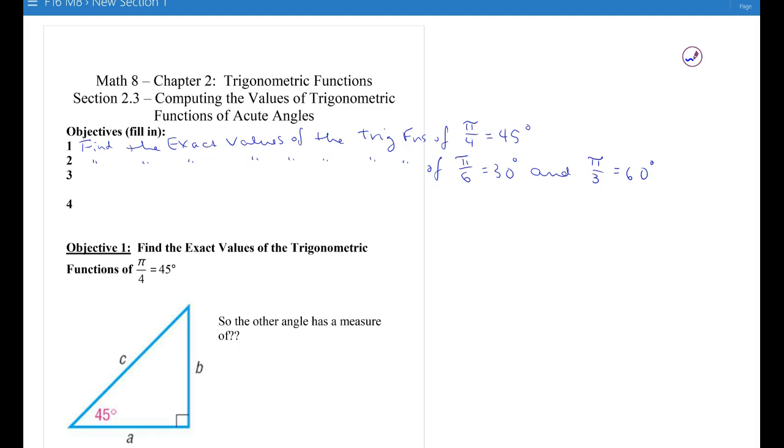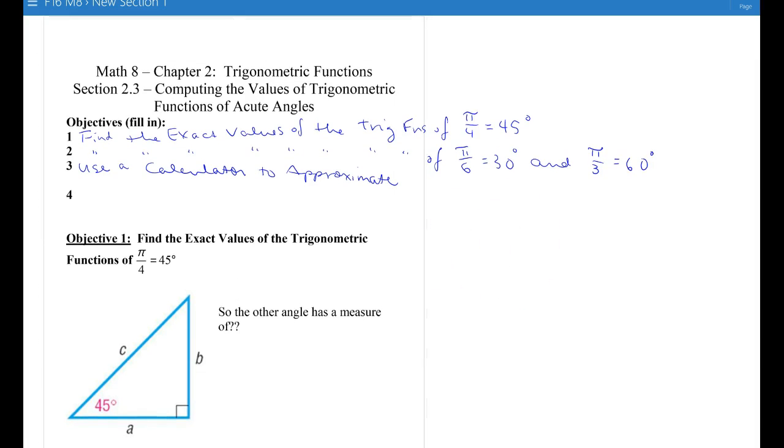The third objective is going to be to use a calculator. So you will need your calculator to approximate. When we use a calculator for other angles, we're getting approximate values. So you use a calculator to approximate the values of the trig functions of acute angles.